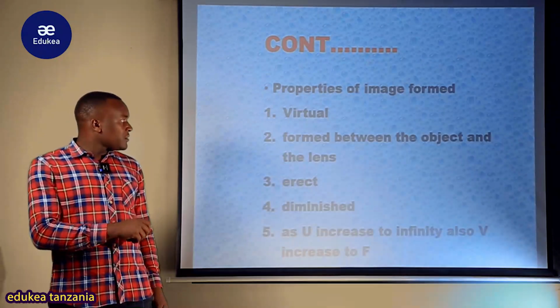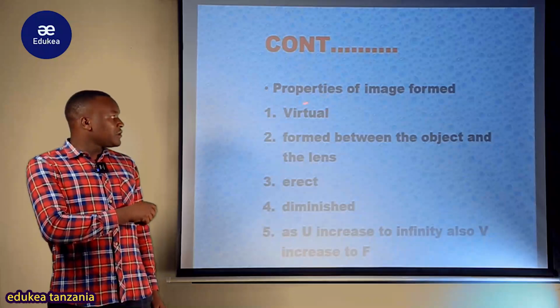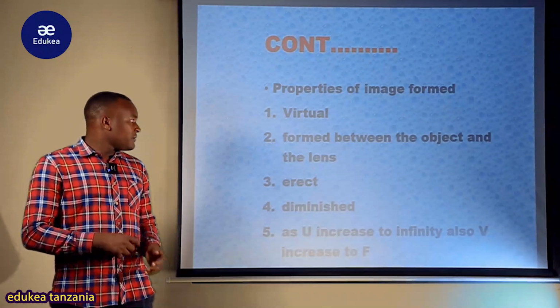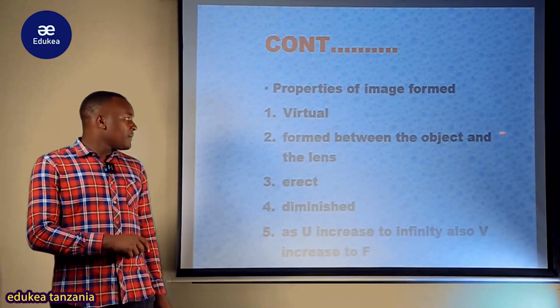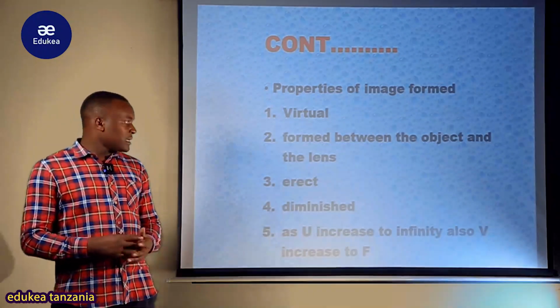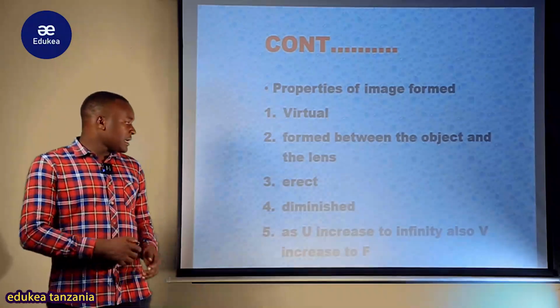What are the properties of image formed? We say that property number one, it is virtual. Tumeshaona kwamba image formed katika concave lens ni virtual, formed between the object and the lens. It is being formed between the object and the lens, but also it is erect, means it is upright.